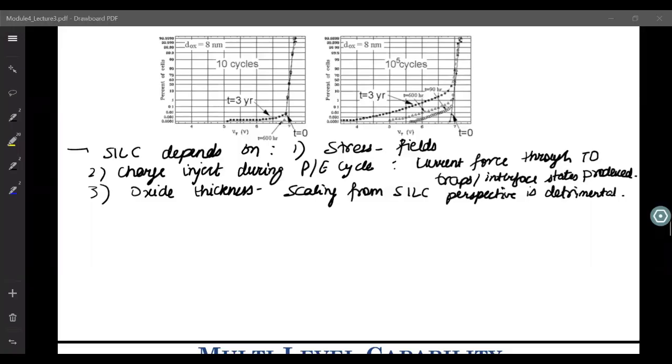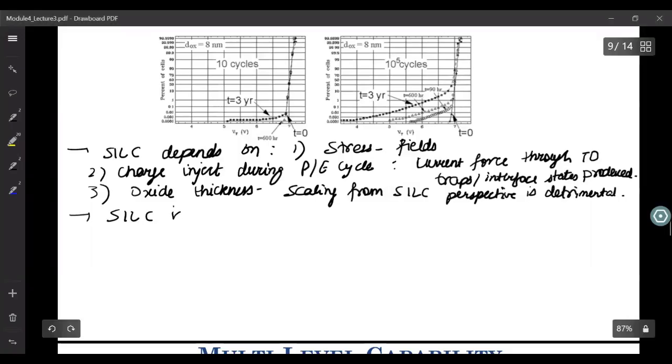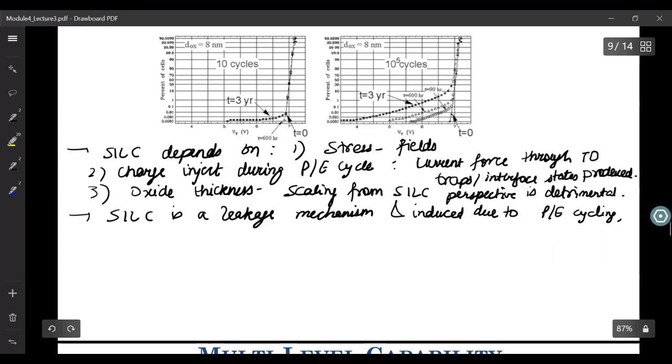Now, since this SILC is a leakage mechanism and it's induced due to program erase cycling, since it's a leakage mechanism which happens at low field, it will definitely reduce even your retention.